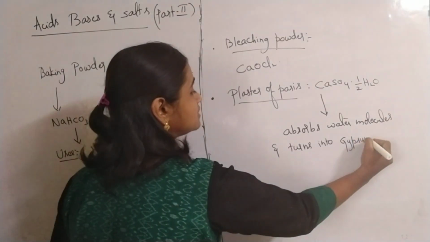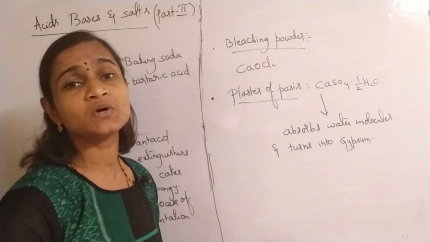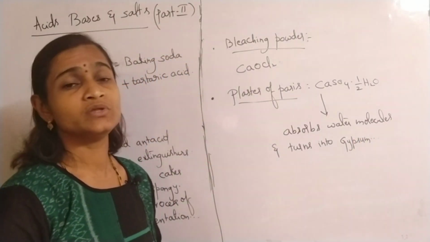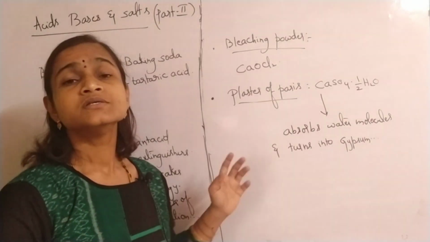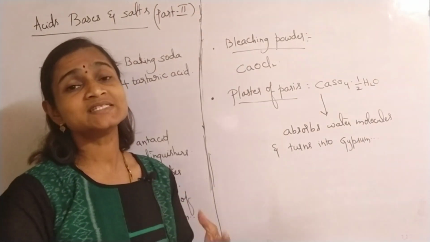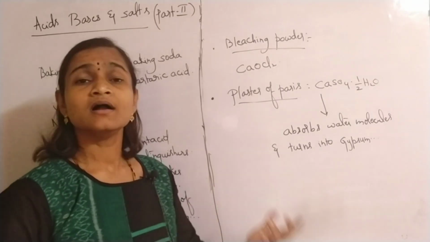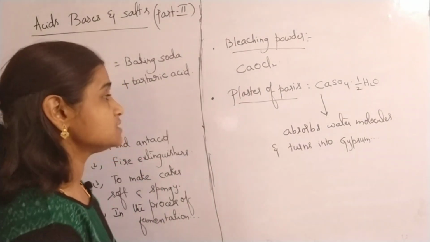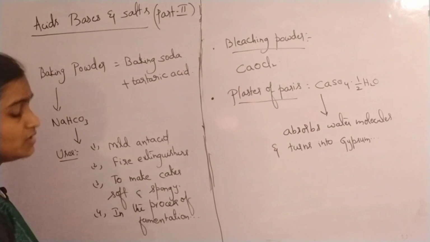Gypsum is CaSO4.2H2O. That's why plaster of Paris always has to be kept in airtight containers. This is also an important point to remember.